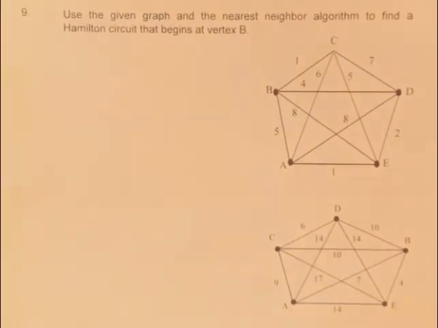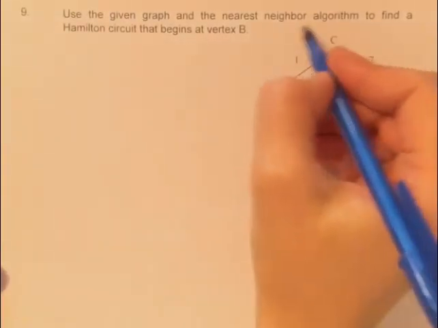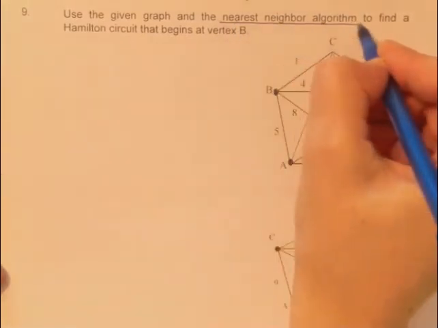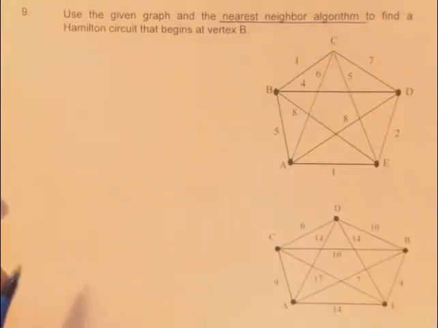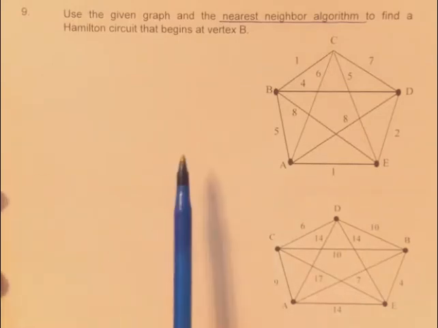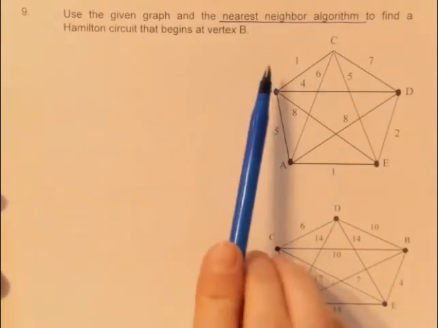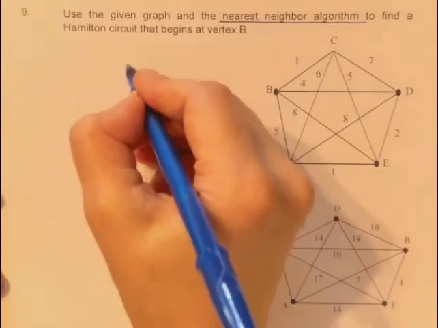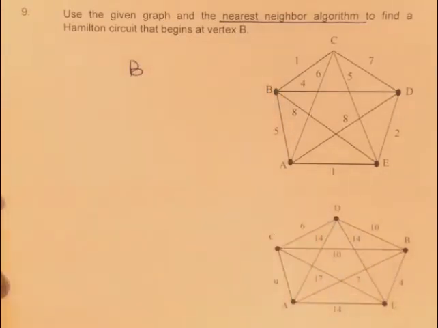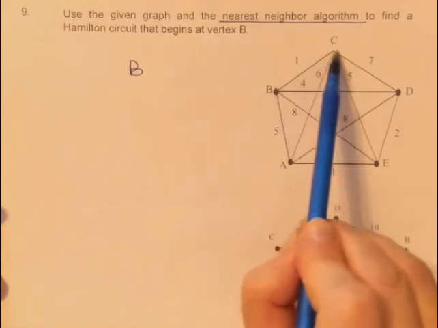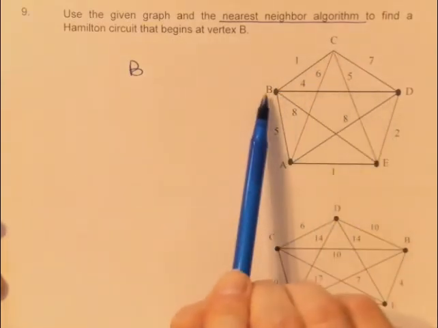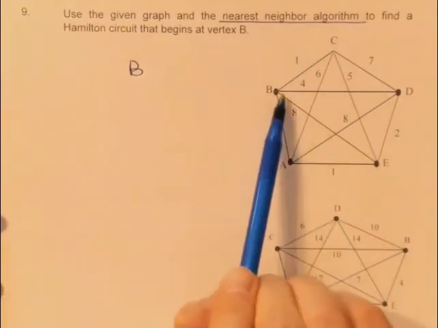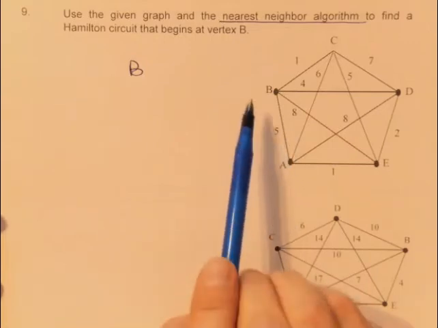and we will use the nearest neighbor algorithm to find a Hamilton circuit that begins at the vertex B. So nearest neighbor means that we start from B and find the edge with the lowest weight.